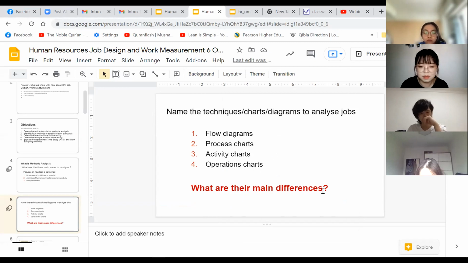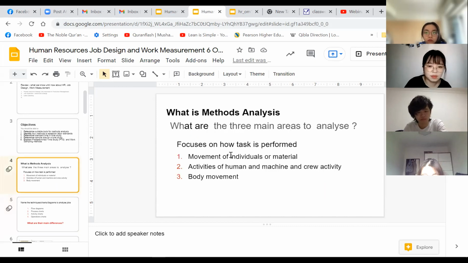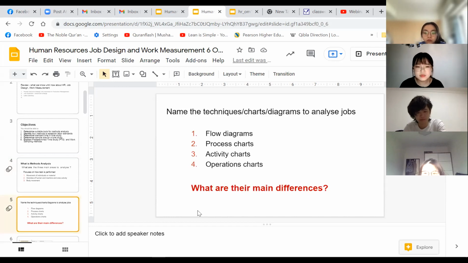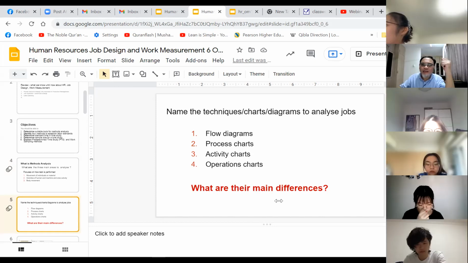So what are their main differences? Can you think about what are their main differences and relate back to their focus areas? Why do you think they need different types of charts to analyze jobs?